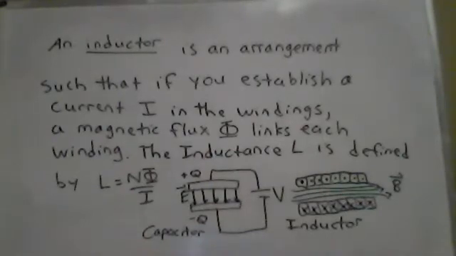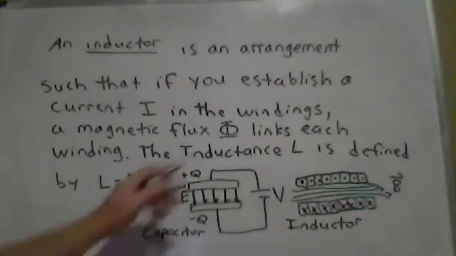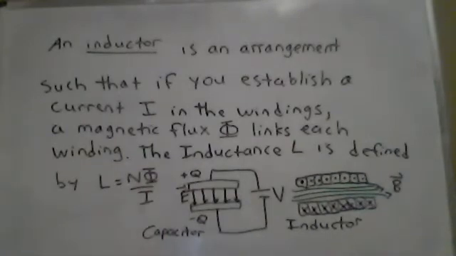And this is such a go-to arrangement that I made a circuit element out of it. I call this a parallel plate capacitor. And this coil is such a go-to arrangement that we can make a circuit element out of it too. That's our third circuit element, the inductor. So at this point, we now have the resistor, the capacitor, and the inductor.